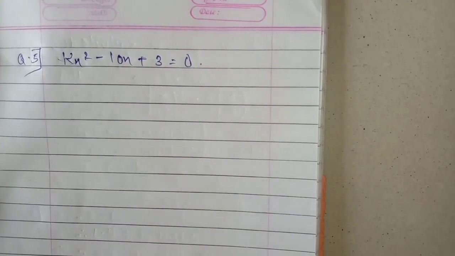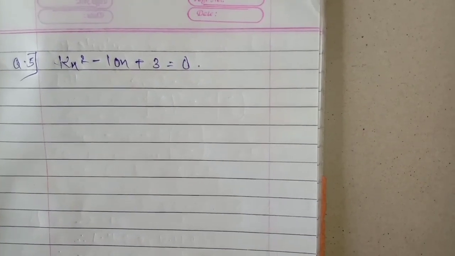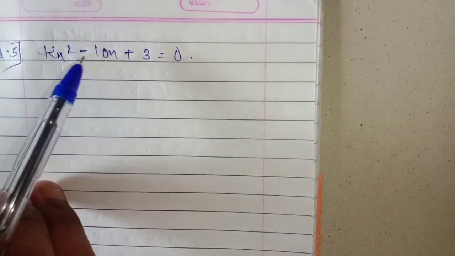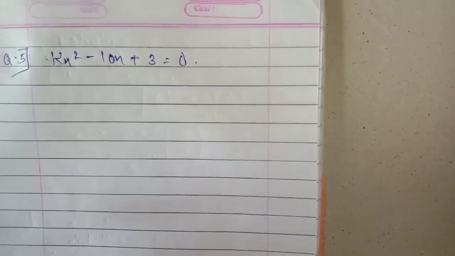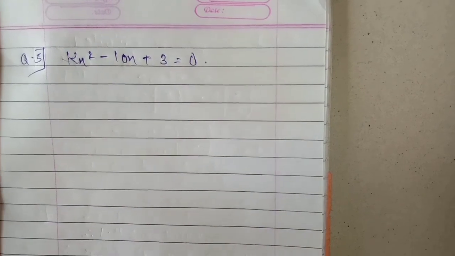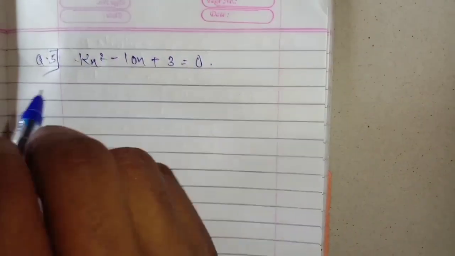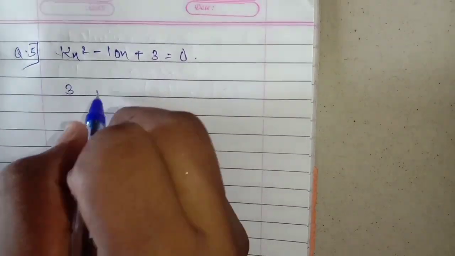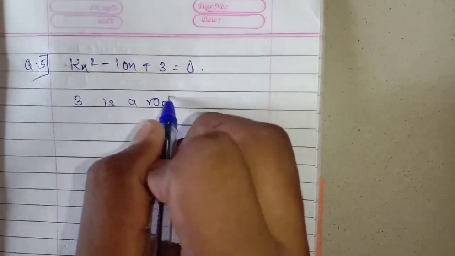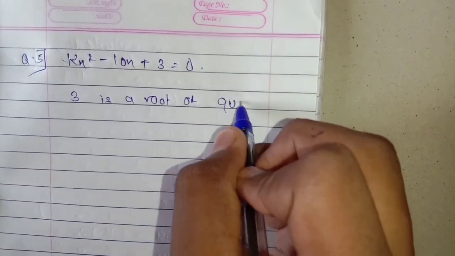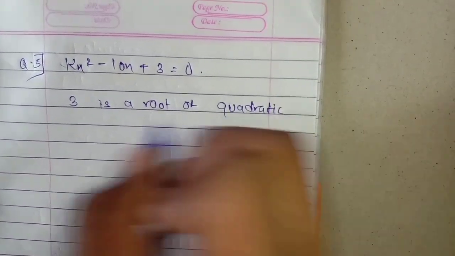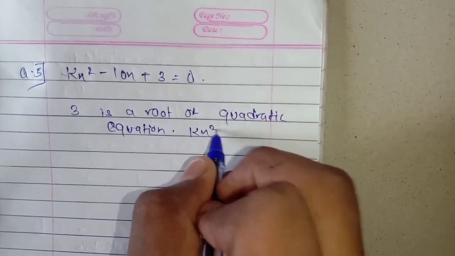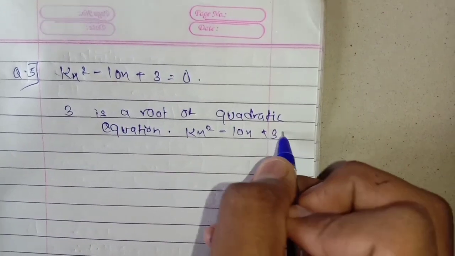In question number 5, we are given the x value as 3, and the equation is kx square minus 10x plus 3 is equal to 0. We have to substitute x as 3 and find the value of k. We will write the same as question number 6: 3 is a root of the quadratic equation kx square minus 10x plus 3 is equal to 0.